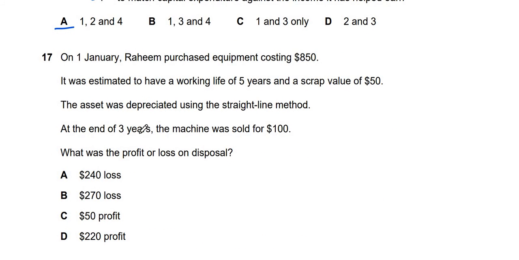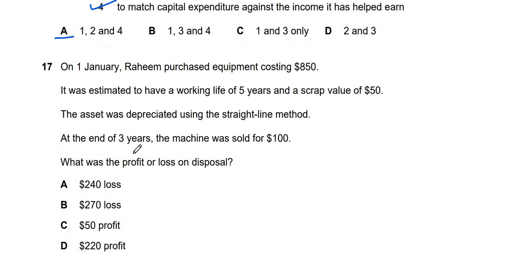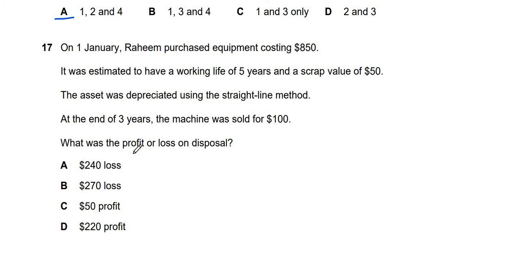Now, question number 17, it says, on 1st January, Rahim purchased equipment costing 850. It was estimated to have a working life of 5 years and a scrap value of 50. The asset was depreciated using straight line method. At the end of 3 years, the machine was sold for 100.